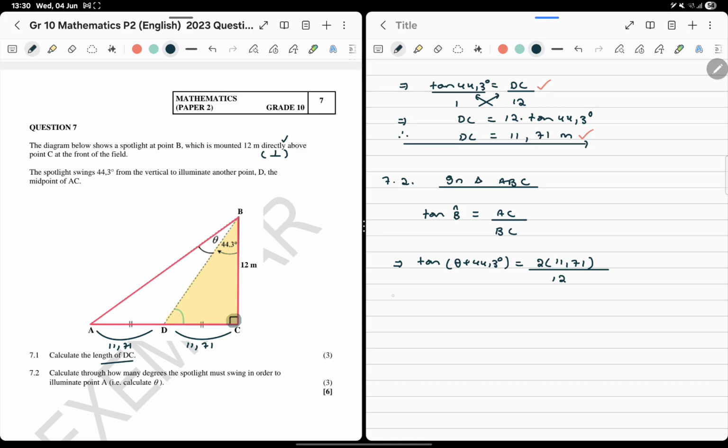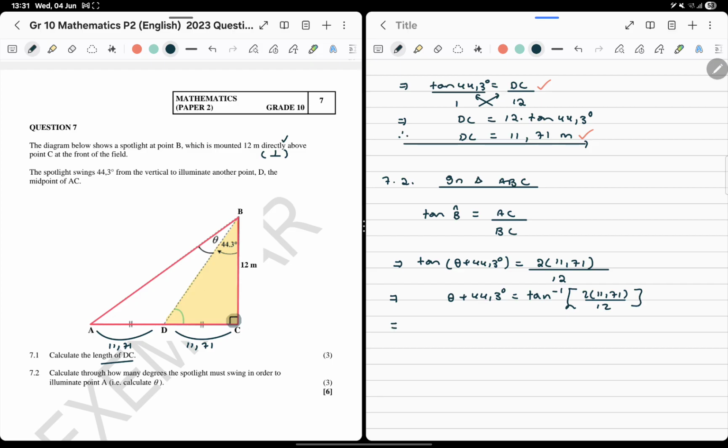So we know that this implies that theta plus 44.3 degrees is going to be the shift tan of 2. Perhaps we need a big bracket now. This is going to be 2 into 11.71 divided by 12.